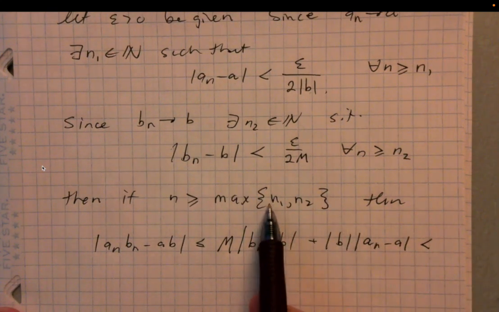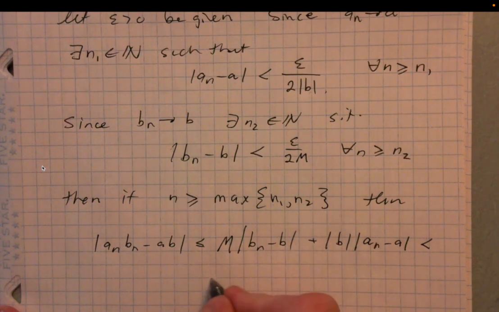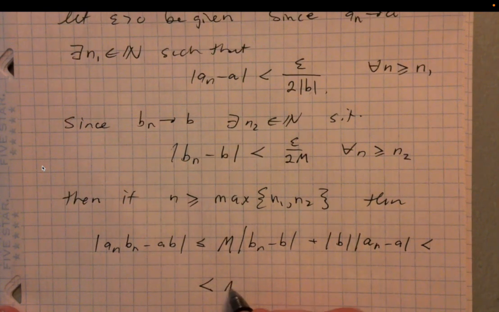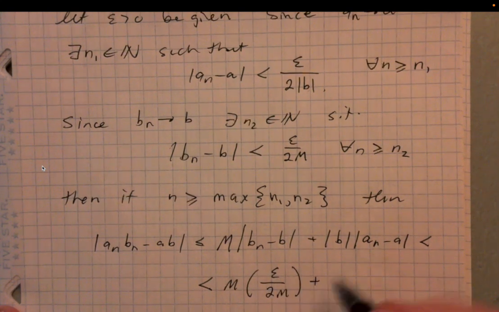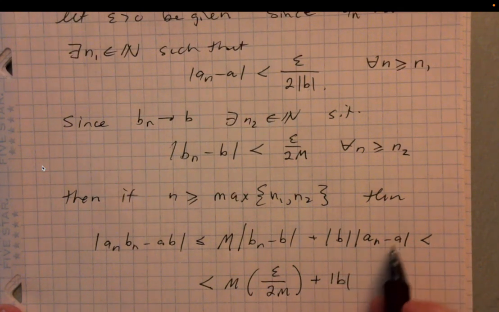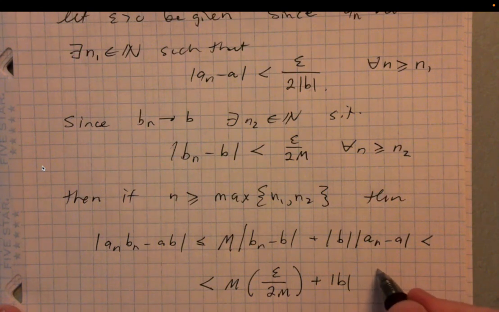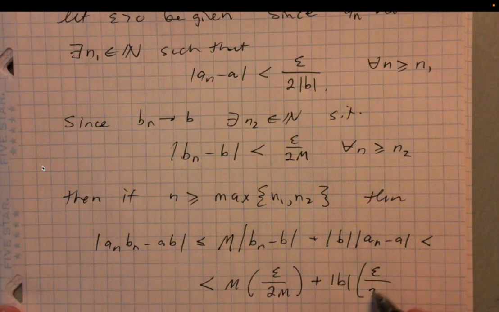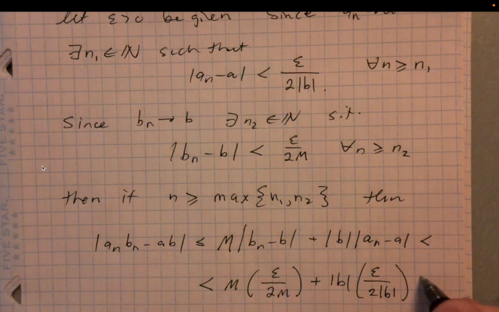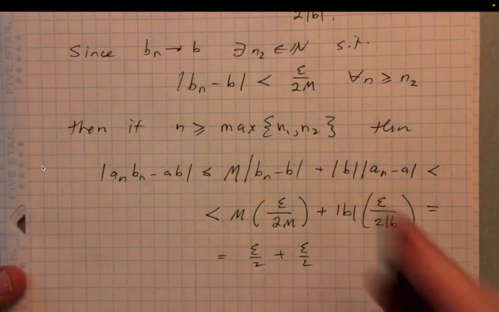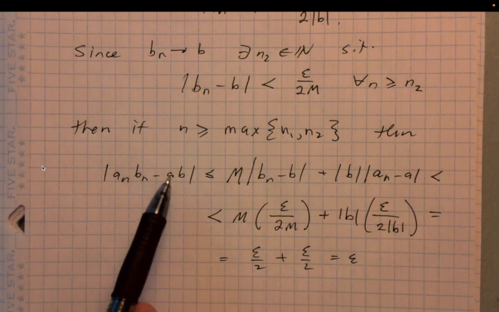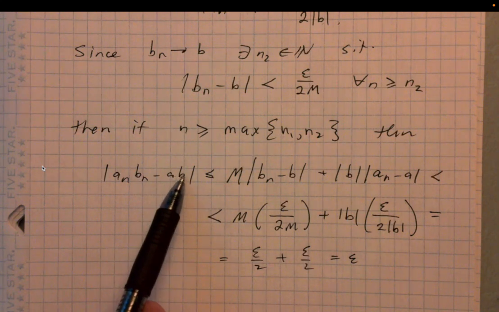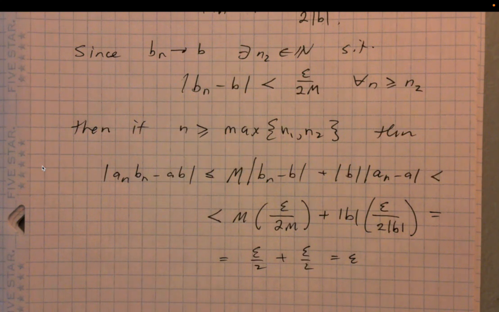And we know, because we're beyond n1 and we're beyond n2, that specifically this piece here is less than m times epsilon over 2 times m, and this one here is less than epsilon over 2 times the absolute value of b. And then of course this all works out nicely, and we see that it's equal to epsilon. So that means the nth term of the product is within epsilon of the value a times b.